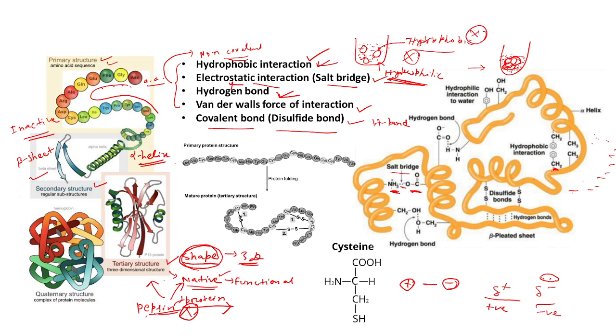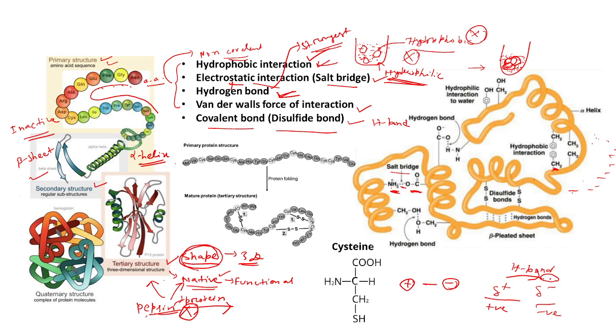Because of this lone pair it attracts the electron, and here the bond is formed, called the H bond or hydrogen bond. Most importantly, the hydrogen bond is the strongest bond out of all 4 non-covalent bonds.